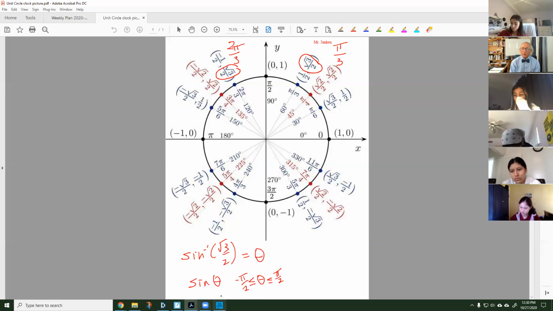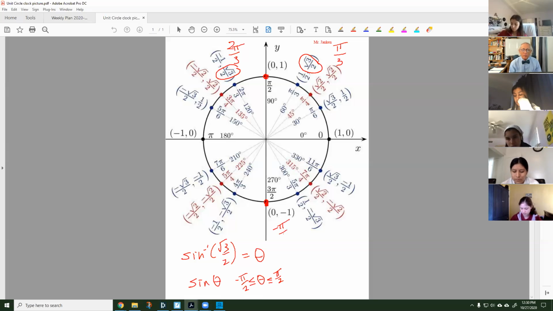We restricted the domain of sine theta. So my answer for the inverse has to be between pi over 2 and negative pi over 2.